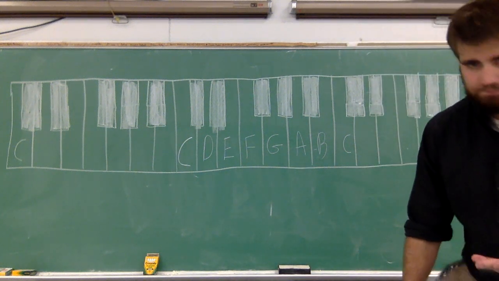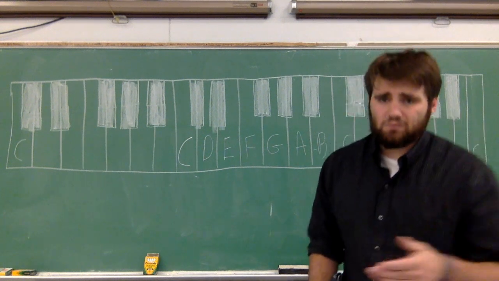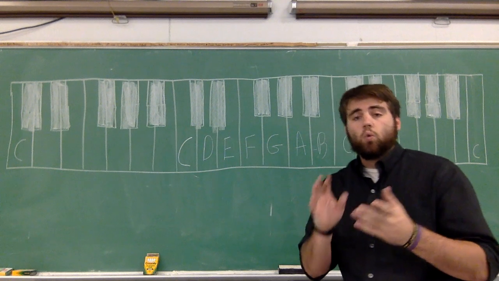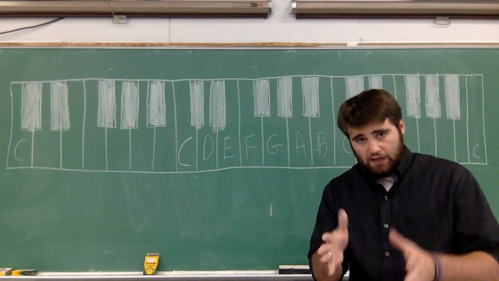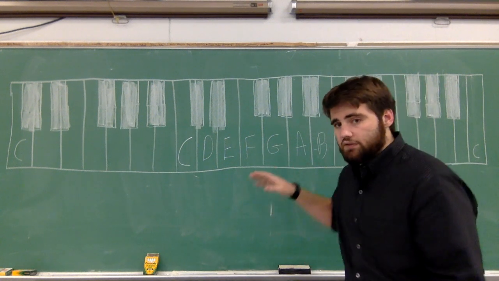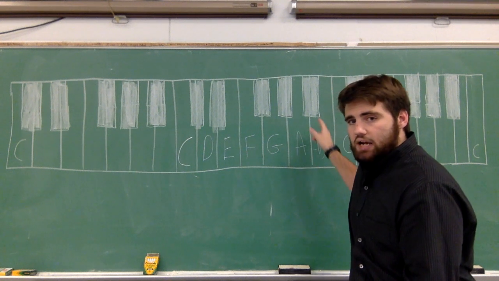When we talked about sharps and flats, gosh, what was it, 4 weeks ago? 5 weeks? Anyway, when we talked about sharps and flats, how we remember flats is we use B flat. So we find B and we go one note directly to the left.